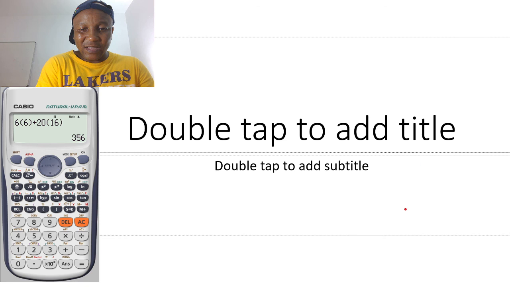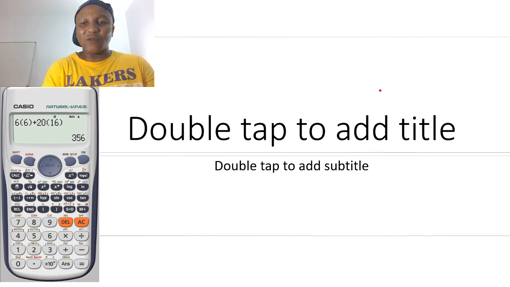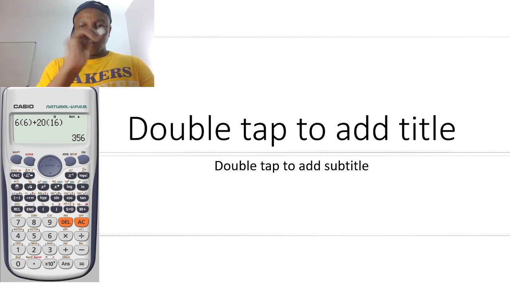Same answer, 356. Now let's go for the last one. For the last one, this one, point 4, x equal to 0. I think I did this one right. Plus 20 times 6. So this is going to be 0 plus 120.